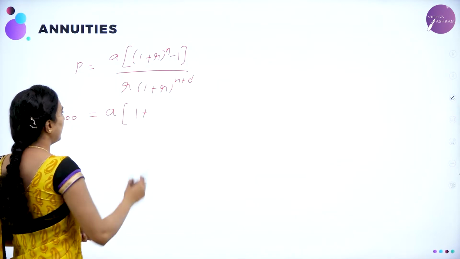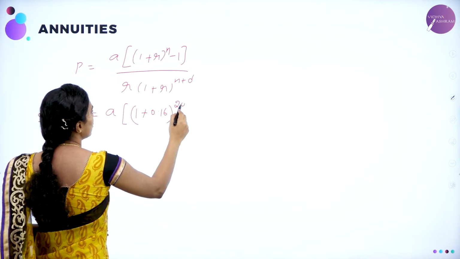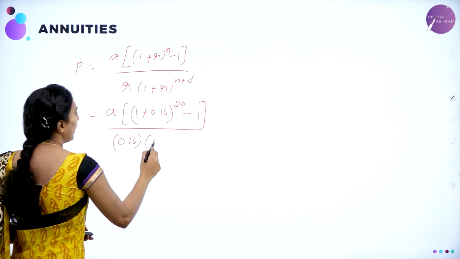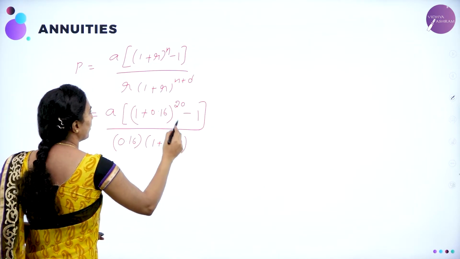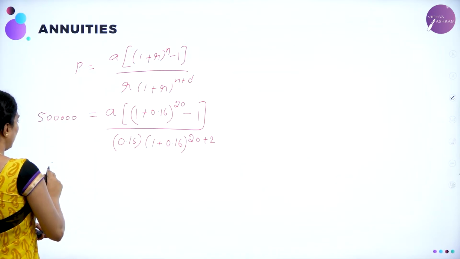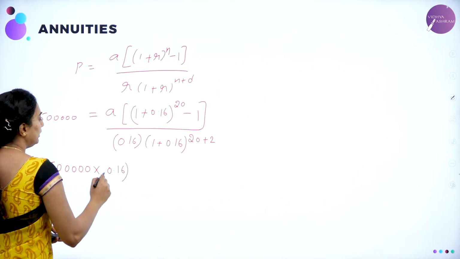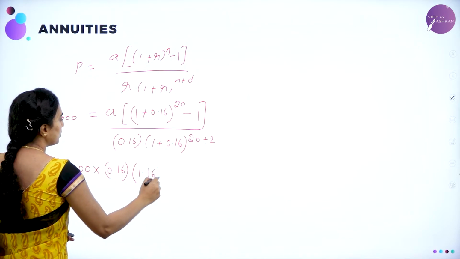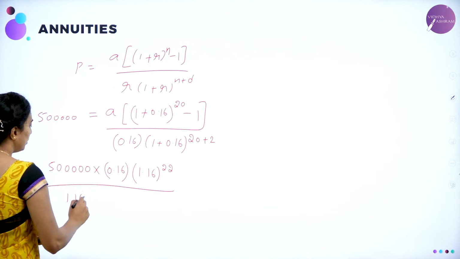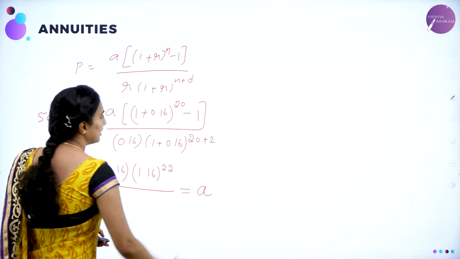So writing R is equal to 0.16, N is 20 installments, minus 1, divided by R which is 0.16 into 1 plus R, 0.16, to the power of N plus D, where N is 20 installments and the deferred annuity is 2. So, cross multiplying, you are going to get 50 lakh into 0.16 into 1.16 to the power of 22 divided by 1.16 to the power of 20 minus 1, which is equal to A, isn't it?